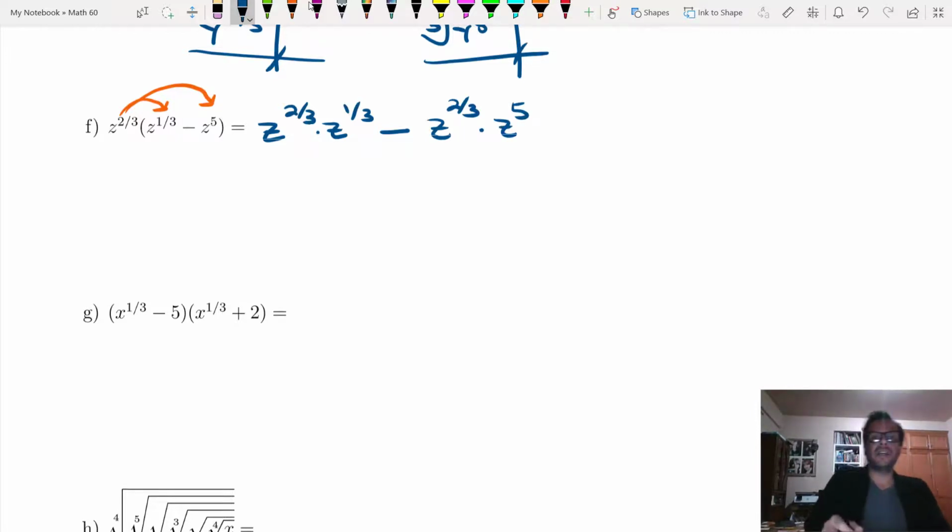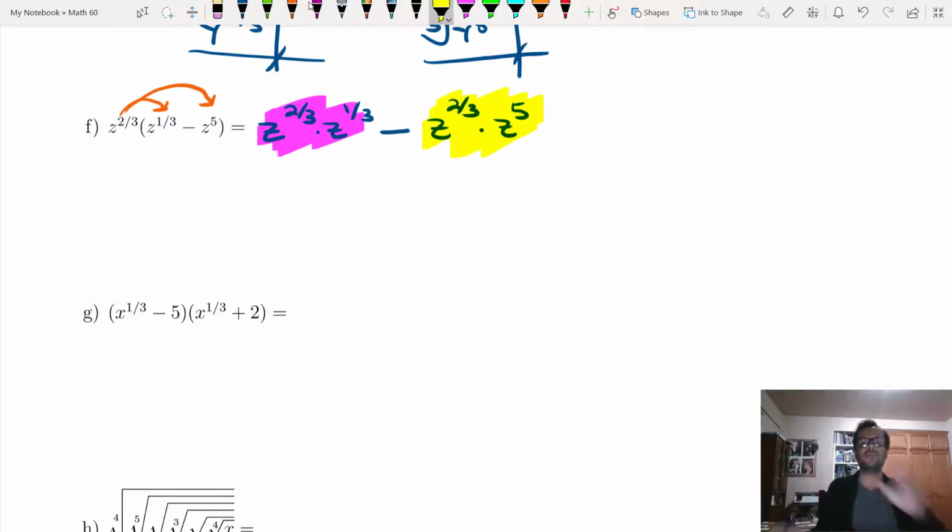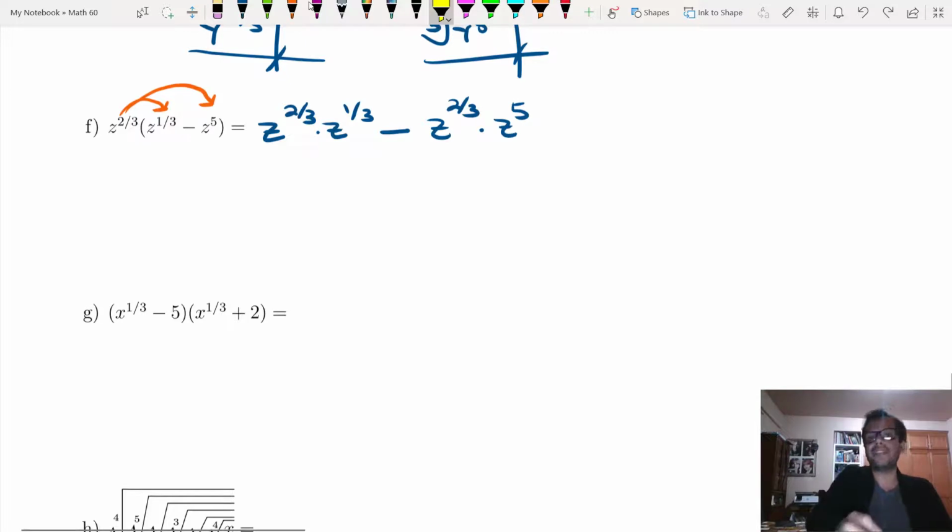All right. Okay, in both terms, notice we have two terms. We have this one term and we have this another term, right? So two terms total. We're gonna use the product rule, right? Because we are multiplying the same base, right? And all we do is add the exponent. So what are we gonna get? So z to the 2/3 plus 1/3 minus z to the 2/3 plus 5.